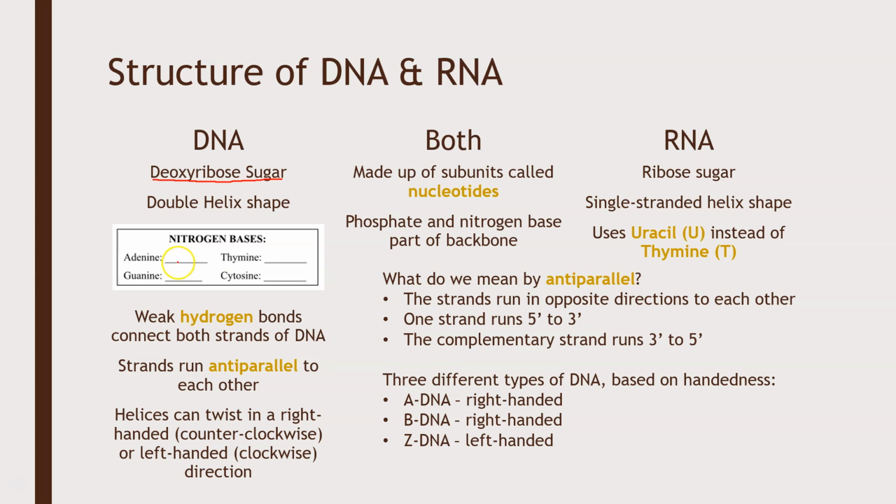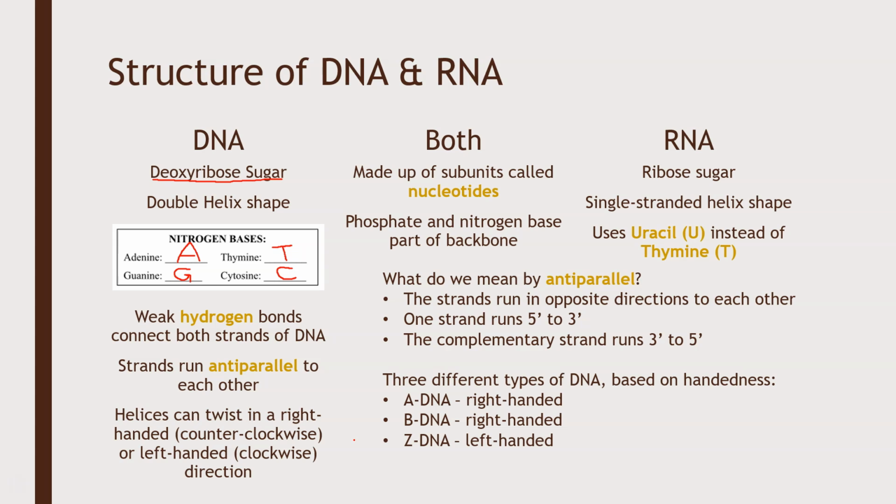We represent these with the letters A for adenine, T for thymine, G for guanine, and C for cytosine. Between these bases, we have weak hydrogen bonds that allow for the bases to be connected and thus connecting the two strands of DNA.